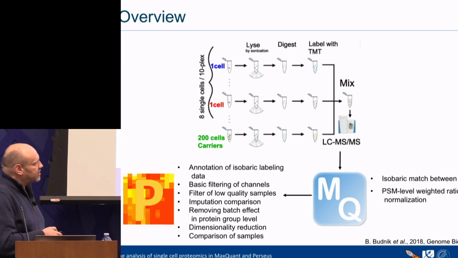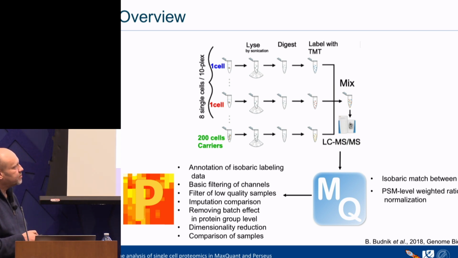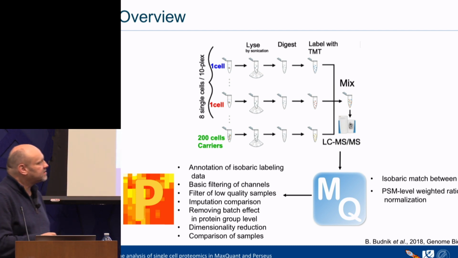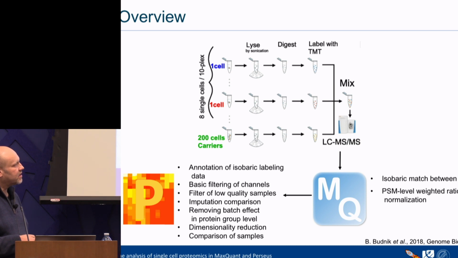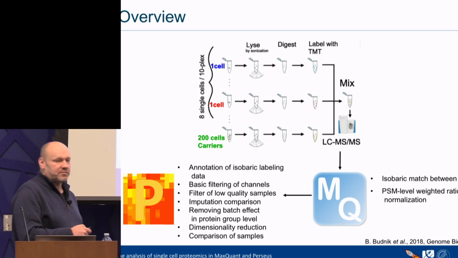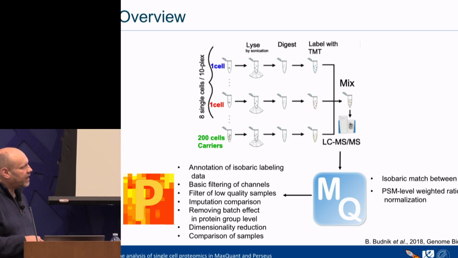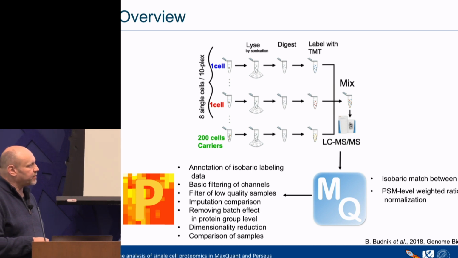And so there are two improvements in MaxQuant that we're working on that are very relevant for single-cell proteomics data. One is the isobaric match between runs, as we call it. I will explain later what that means. And the other one is a specific normalization for TMT data, which is on the PSM level, and is called PSM level weighted ratio normalization.